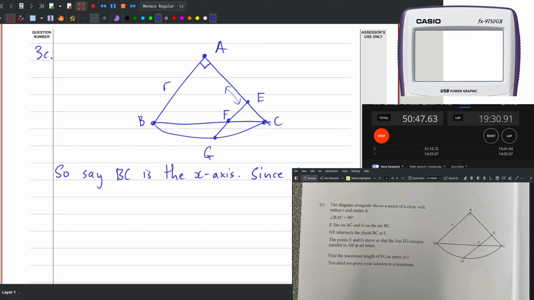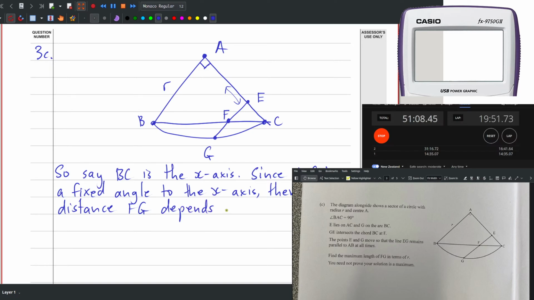Since G has a fixed angle to the x-axis, then the distance of G depends only on the distance between G and line BC.